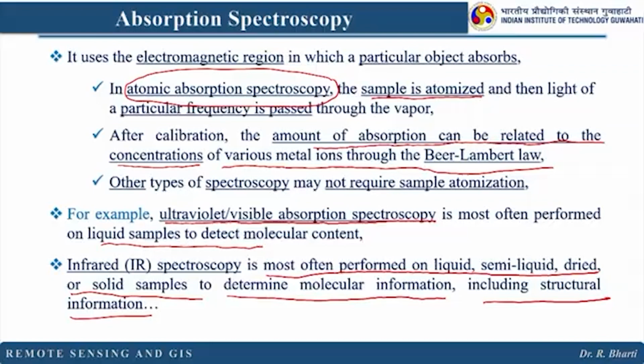Now you are going to the molecule level. You can easily determine what the structure is, whether there is any structural defect in the molecules, whether there is any composition change, what their behavior is, how much energy they are absorbing, and how much energy they are transmitting. That information can be easily studied using this spectroscopy technique.